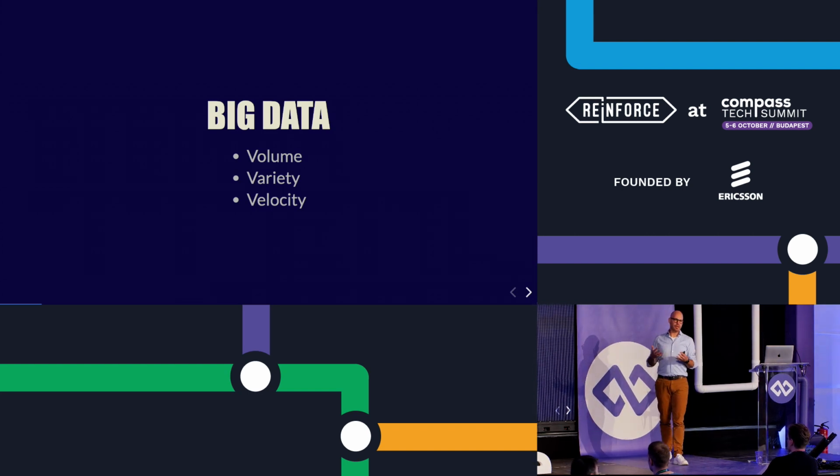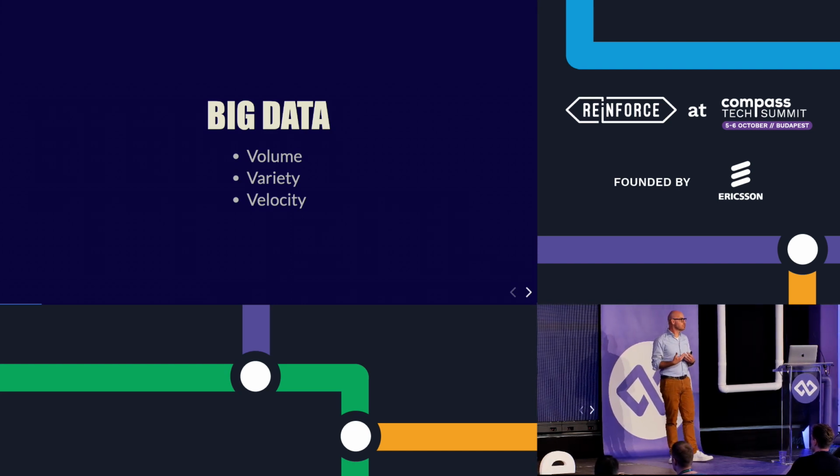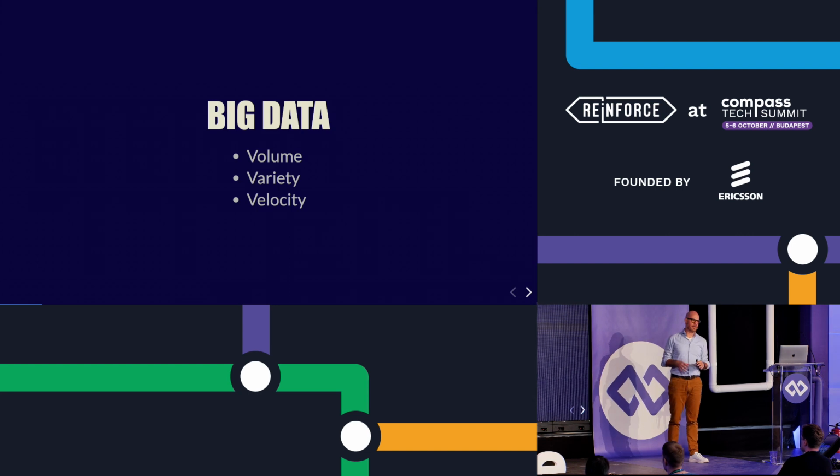So it can be that you have data coming in at such a pace that it's too much to handle in ordinary systems, in ordinary hardware, infrastructure, software. And that's why you want to do something special. For example, distribute your data so that you can do parallel data processing.